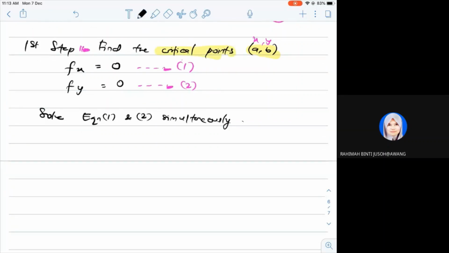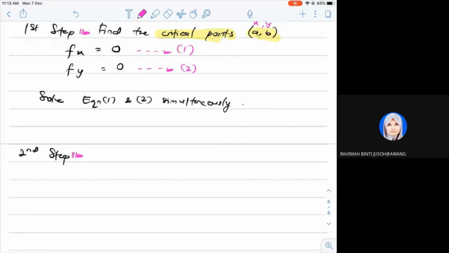Okay, second step. What you should do is, we need to find, you can differentiate twice. We need to find fxx, and then find fxy, and then find fyy. Okay, second order derivative.